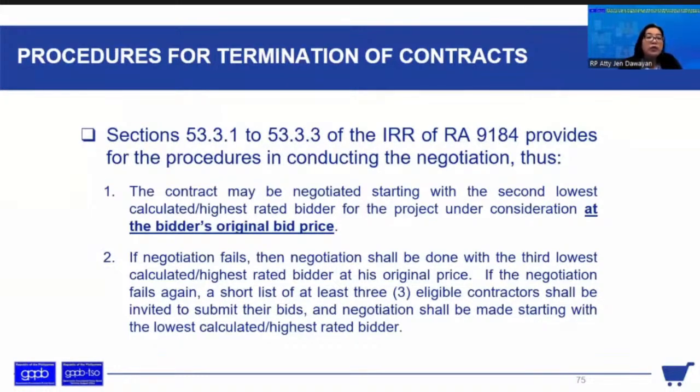Kung mag-fail yung negotiation, pupunta ka na naman sa third lowest at its original price. Kung negotiation fails again, until, di ba, kung natapos na sila, tapos wala na talagang may gusto, a short list of at least 3 eligible contractors shall be invited to submit their bids.